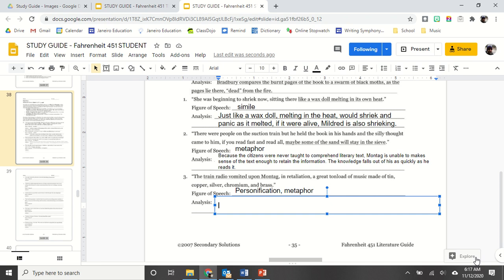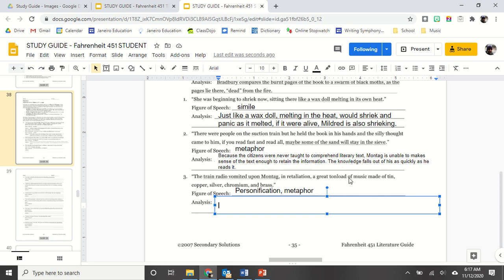It's just one giant blob of a mess. In the same way, this train radio wasn't producing any coherent music. There was no melody to follow, no lyrics, no distinguishable pieces that you could enjoy like we do in music today. It was just a bunch of random noise that was there to distract the person.